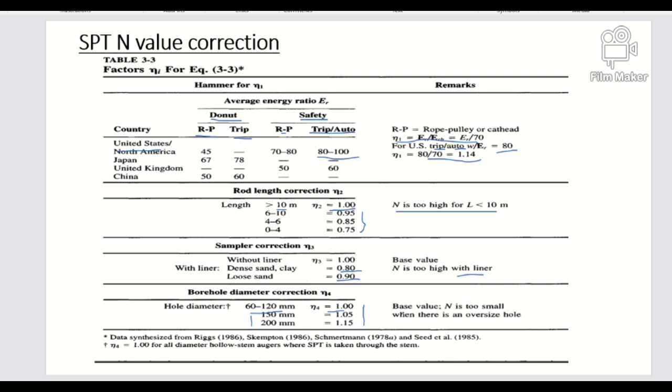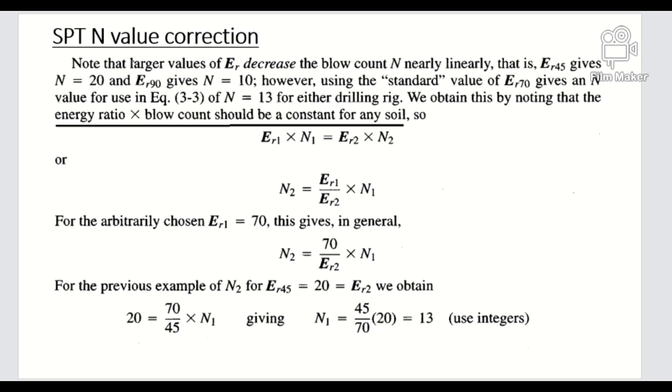So N is too small when there is an oversized hole. And the next correction factor: if the energy ratio is increased, the blow count will be decreased.